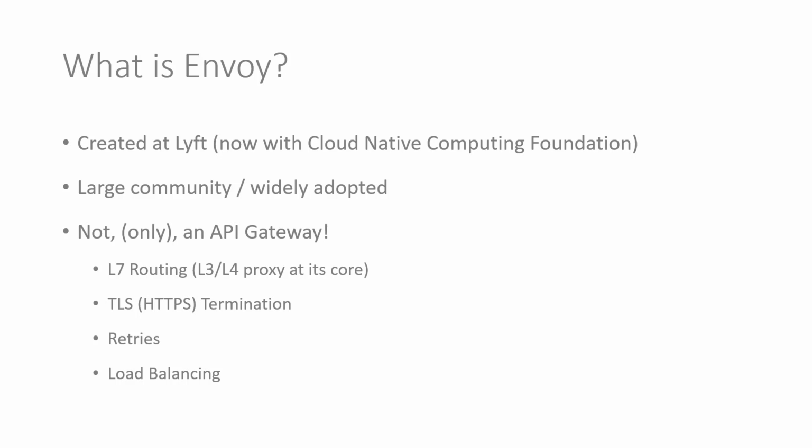So it can do routing, which we're going to look at, and I've put L7 routing, which is routing basically at the URL application level, but at its core, it's a level 3 / level 4 proxy. And as I say, we're going to be using TLS termination in today's demo, or HTTPS termination, but it can also do things like retries, which is actually really powerful to have built into your gateway, load balancing.